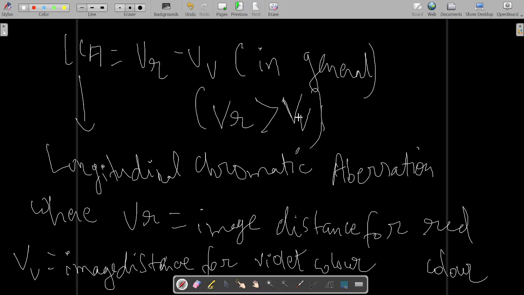Image distance for red color is always greater than image distance for violet color. That's why VR has been written first, because refractive index is minimum for red color. That's why image distance is maximum for red color. So hopefully you got this.